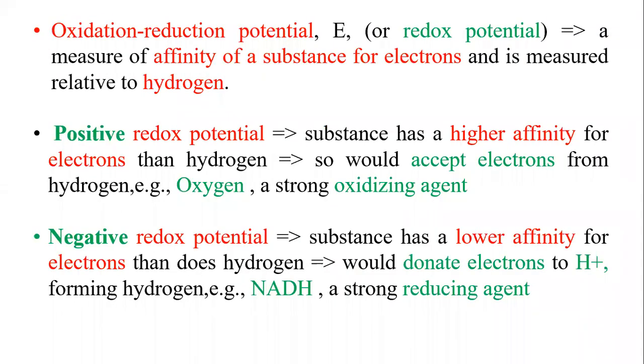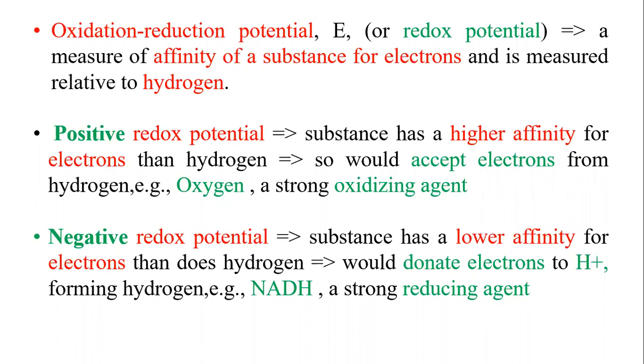Oxidation reduction potential, E, or redox potential, is a measure of affinity of a substance for electrons and is measured relative to hydrogen. Positive redox potential is a substance having higher affinity for electrons than hydrogen, so would accept electrons from hydrogen, for example, oxygen, a strong oxidizing agent.